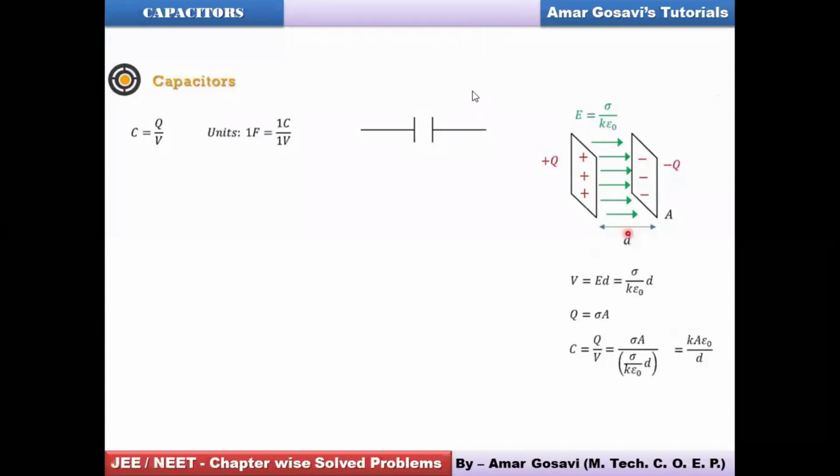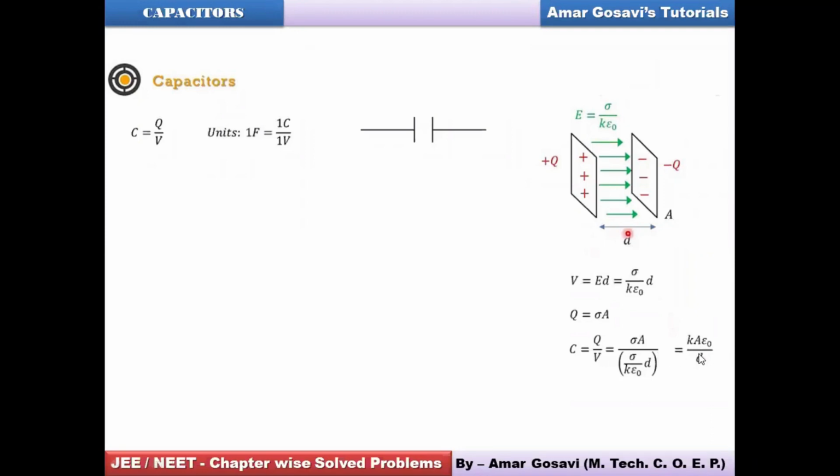So directly if you observe, friends, here in this case, C will be dependent on dielectric. Higher the value of dielectric between the two plates, higher would be the capacitance. Second, if the area is large, then the capacitance would be more.